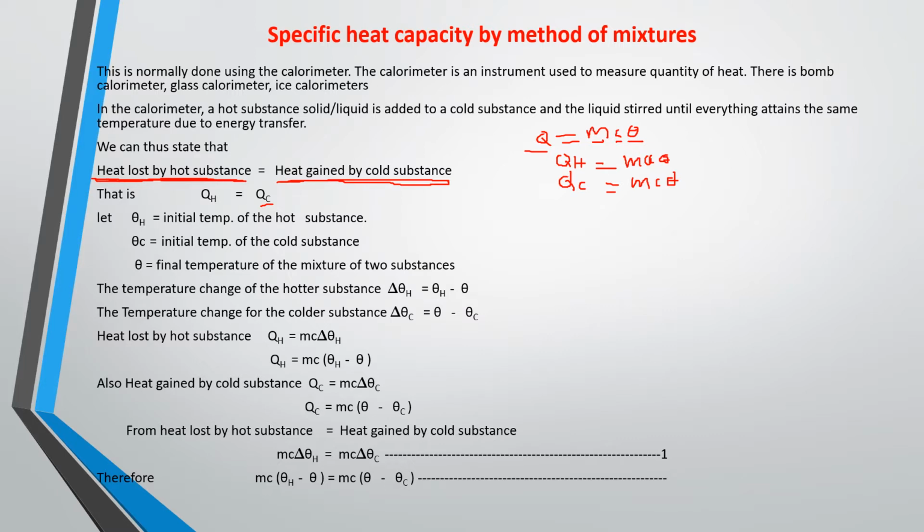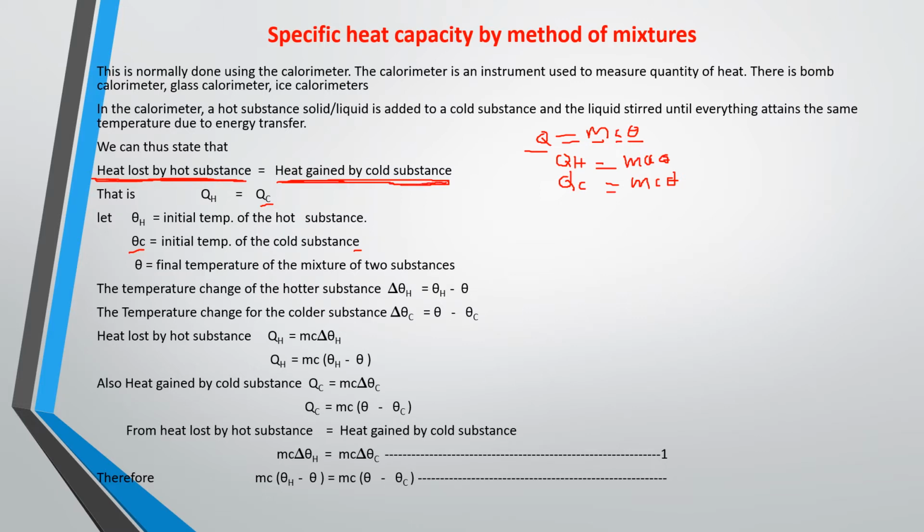Okay, so there is something that I want you to take note of, that for the hot substance, the initial temperature can be written as theta H. Then you know that the temperature of the calorimeter and that of the cold liquid are the same. So the initial temperature of the calorimeter and the cold liquid, they are the same. But in this particular instance, we are not even going to look at the calorimeter yet.